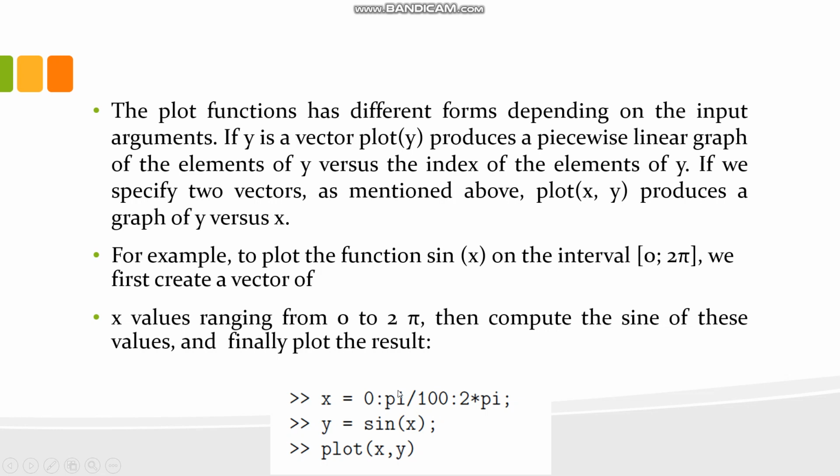Here I have taken pi by 100 as the increment size. If you don't give any increment size, MATLAB takes 1 as the increment. Now y is equal to sin x, plot(x, y), and you will get the plot of sin x in the interval of 0 to 2 pi.